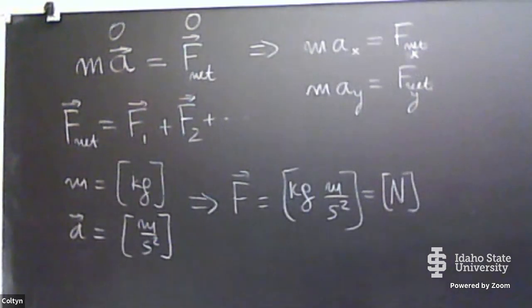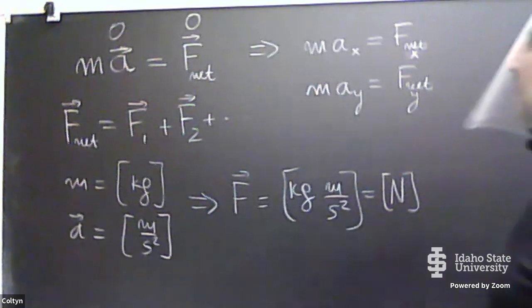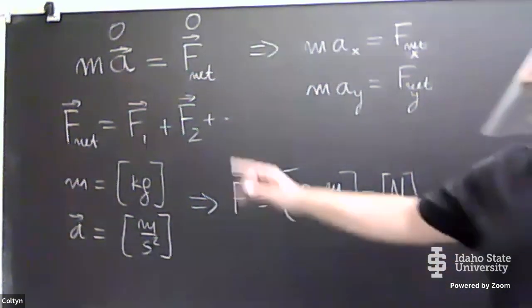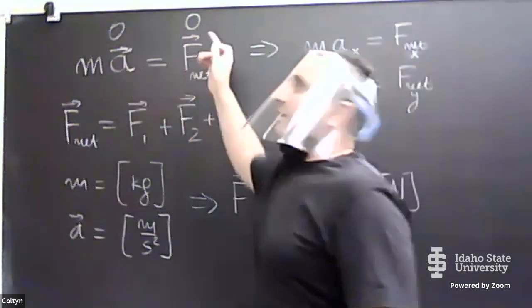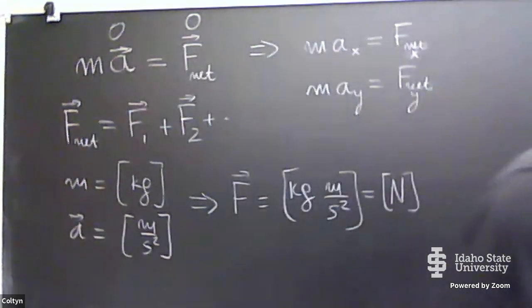Well, 0 acceleration means that the object is moving with constant velocity along a straight line, and this is exactly what Newton's first law says. And of course, the opposite is also true. 0 acceleration immediately leads to the fact that the net force acting on an object is 0.